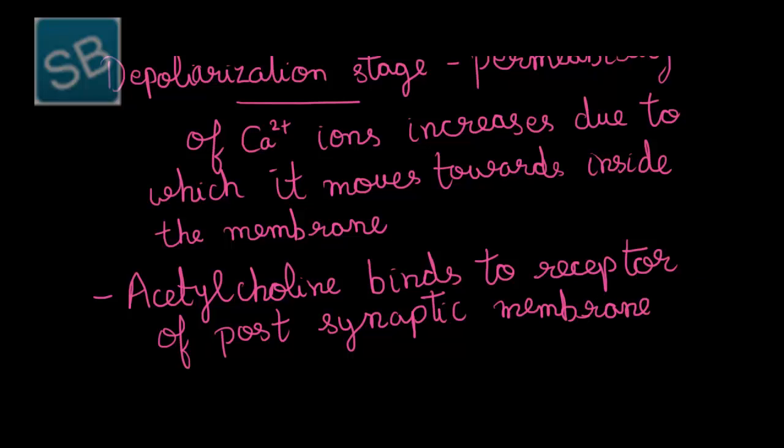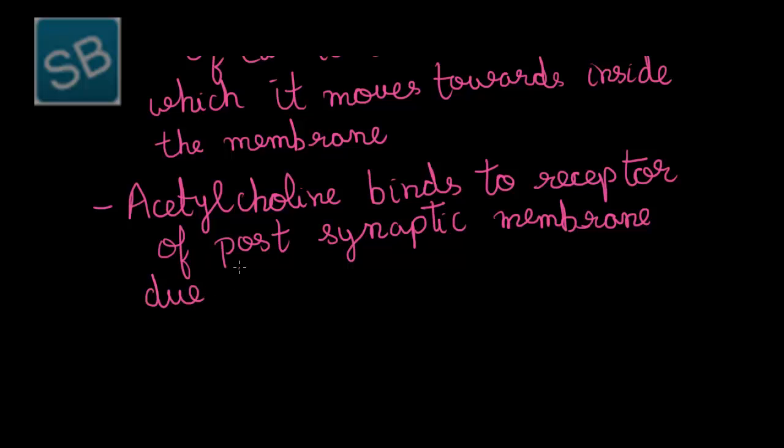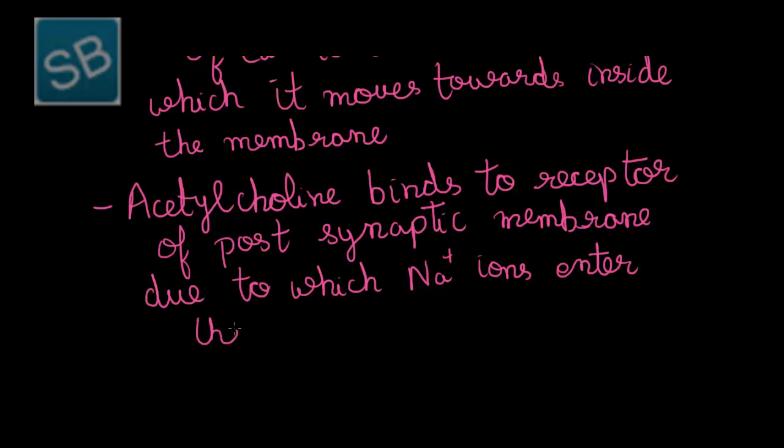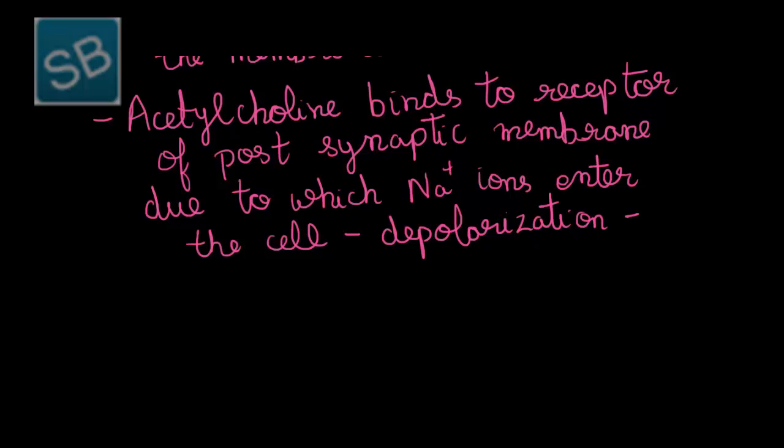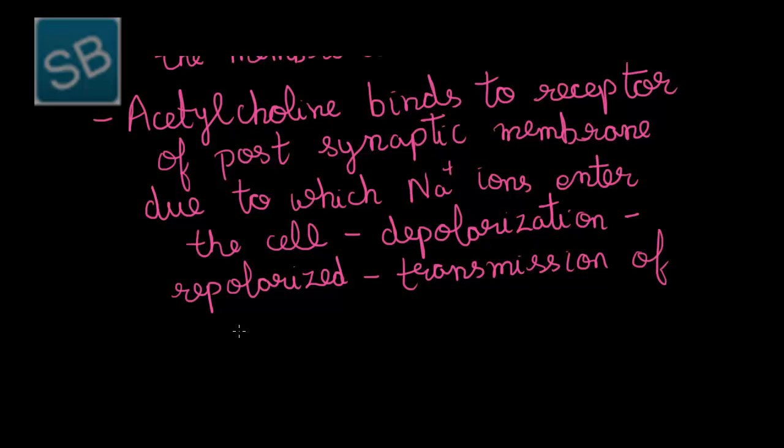Due to which the sodium ions enter the cell. Thereby, due to the presence of these sodium ions, the depolarization stage gets repolarized and the transmission of impulse takes place from one neuron to another.